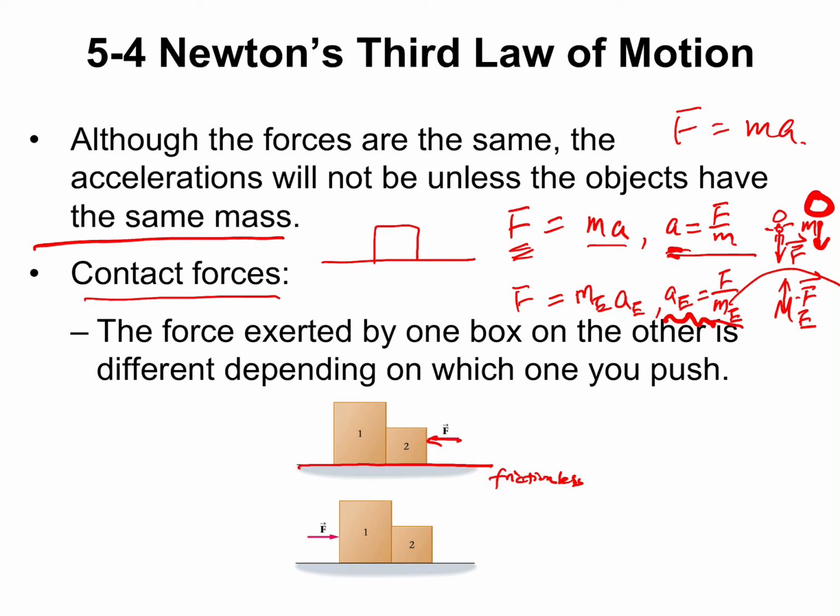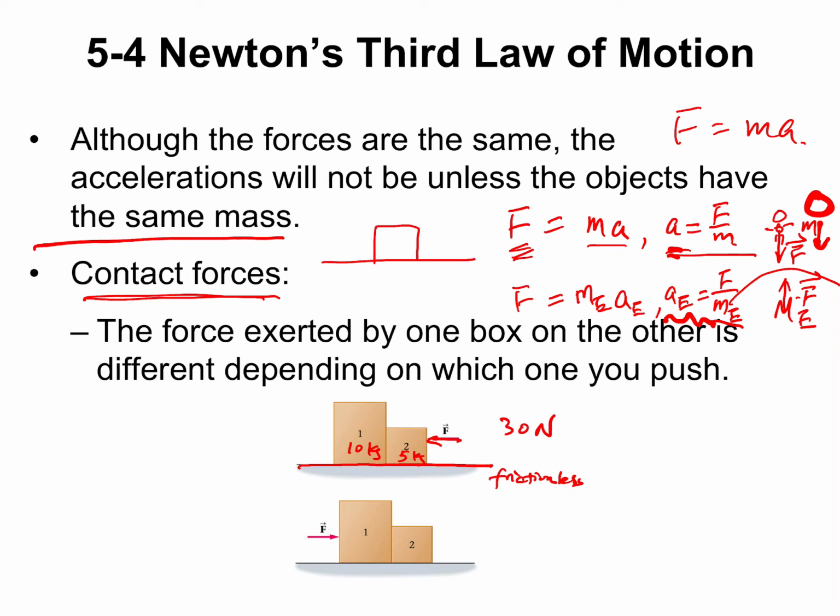As an example, assume the force you apply here is 30 Newton, and this box is 10 kg and this one is 5 kg. What is the contact force between those two boxes?